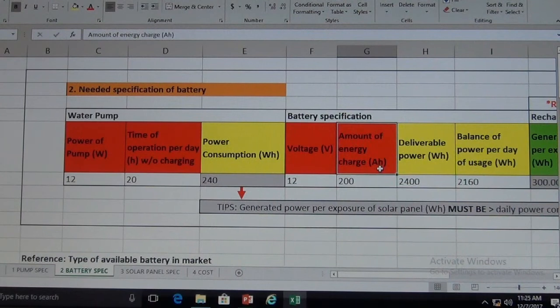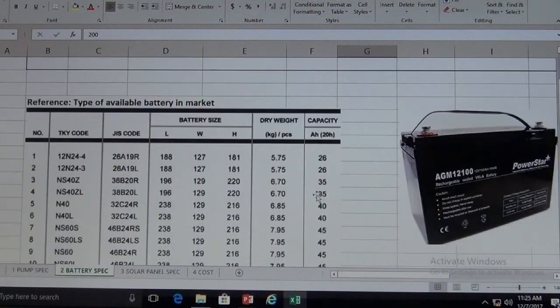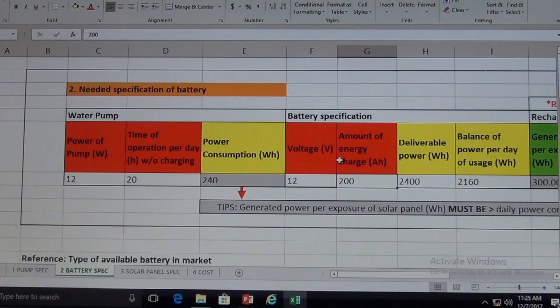If you refer to your power bank, usually you will ask the shopkeeper, how many mAh is this power bank? It's milliampere hour. That is the amount of energy charge inside your power bank. So now, just look at these two specifications, and you can simply multiply voltage and ampere hour, you will get watt hour.